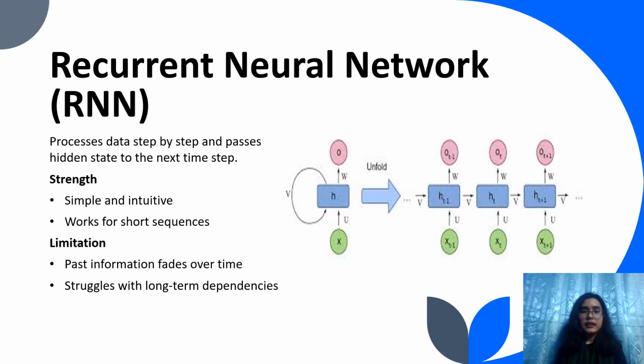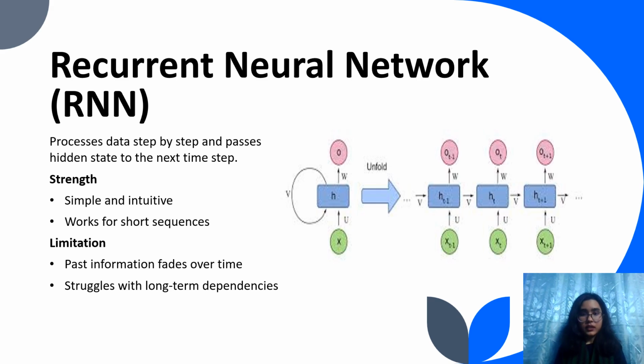So, the recurrent neural network or RNN was the first attempt to model sequences. Its idea is simple. Each time step takes the current input and the previous hidden state and passes information forward.